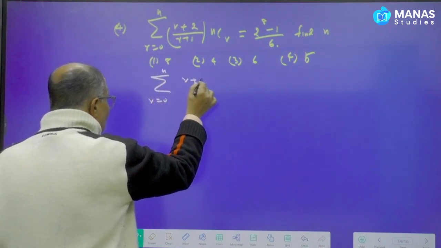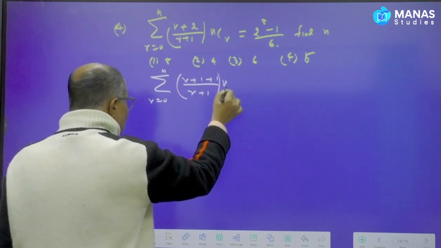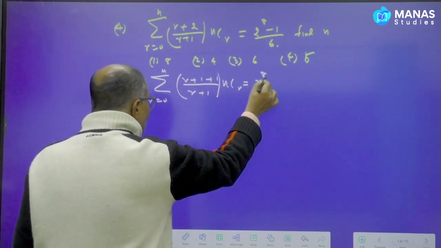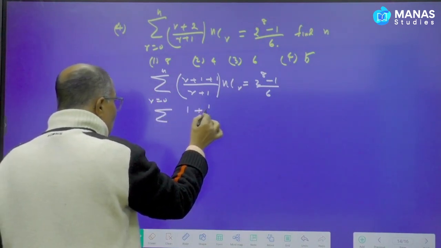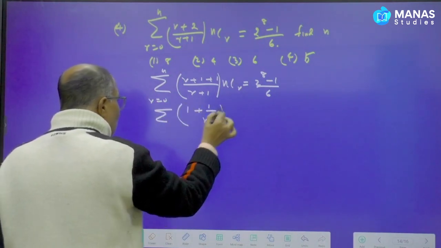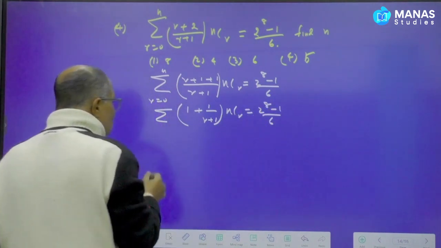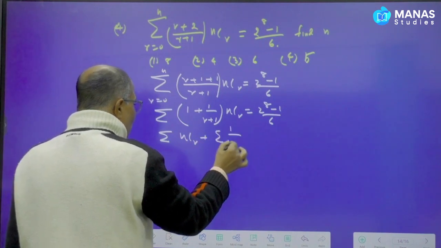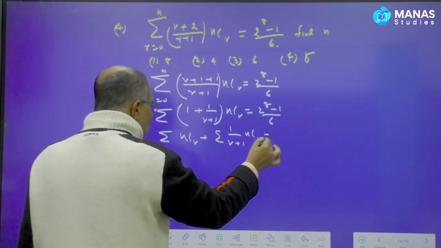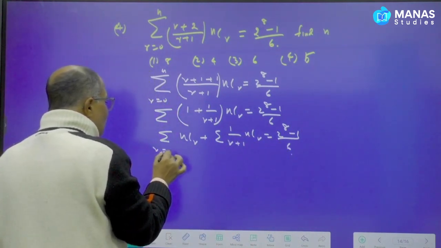R plus 2 can be written as (r plus 1 plus 1) divided by (r plus 1) multiplied by nCr equal to (2 power 8 minus 1) by 6, which is sigma (1 plus 1 by r plus 1) into nCr equal to (2 power 8 minus 1) by 6, which is sigma nCr plus sigma 1 by (r plus 1) nCr equal to (2 power 8 minus 1) by 6, r is equal to 0 to n.